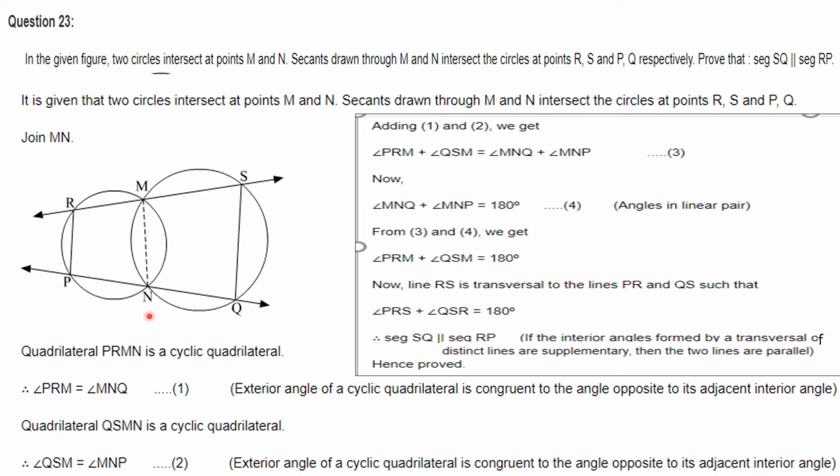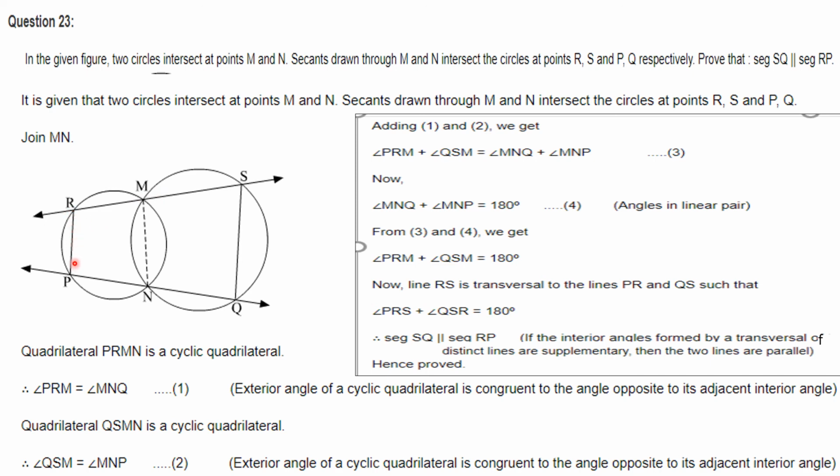Angle MNQ plus angle MNP is 180 degrees, and therefore in the previous equation, that is in equation 3, angle R plus angle S is 180 degrees, that is angle PRM plus angle QSM is 180 degrees. Now RS is a transversal to the lines PR and SQ. So the sum of these two is 180 degrees, and therefore SQ is parallel to PR.